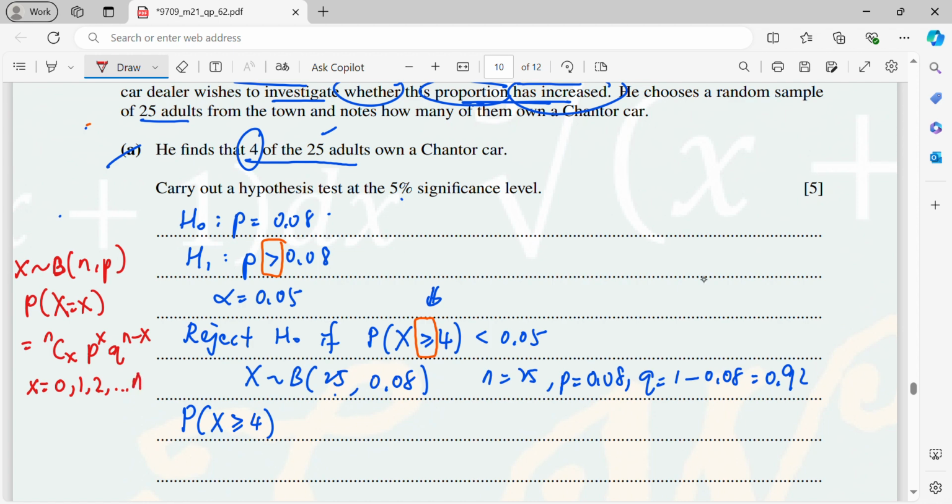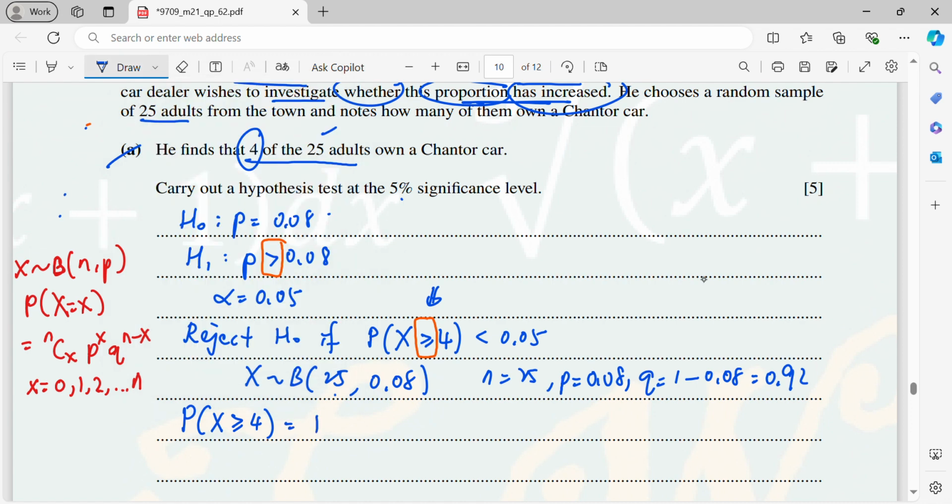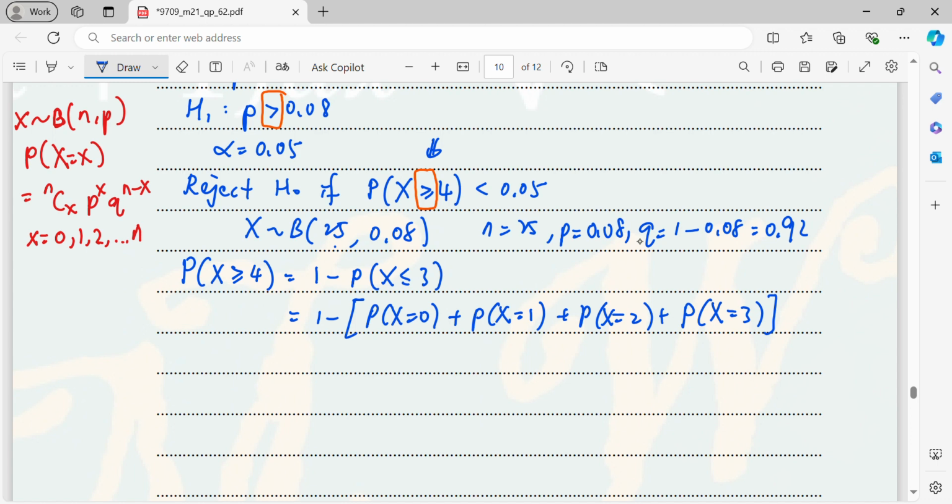Okay, so greater than or equal to 4 means that I use 1 minus P from 0 until 3. That means this will be X less than or equal to 3. So here I will write 1 minus [P(X=0) plus P(X=1) plus P(X=2) plus P(X=3)]. Okay, and now just use this formula.